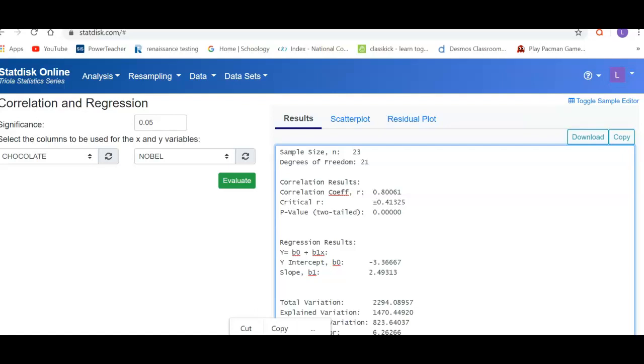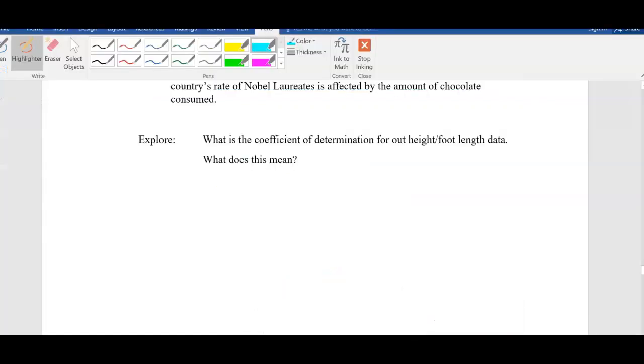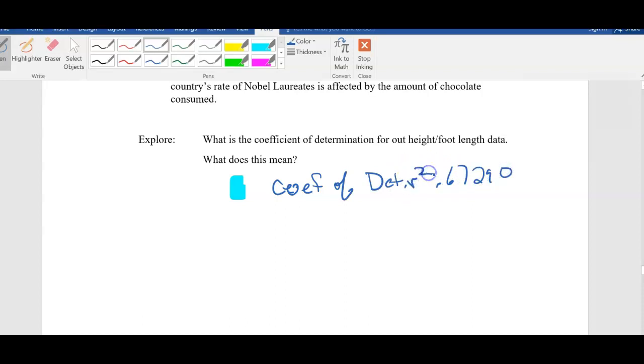All right, when you type this in with your data, you should have gotten my coefficient of determination was 0.67290, or my r squared.